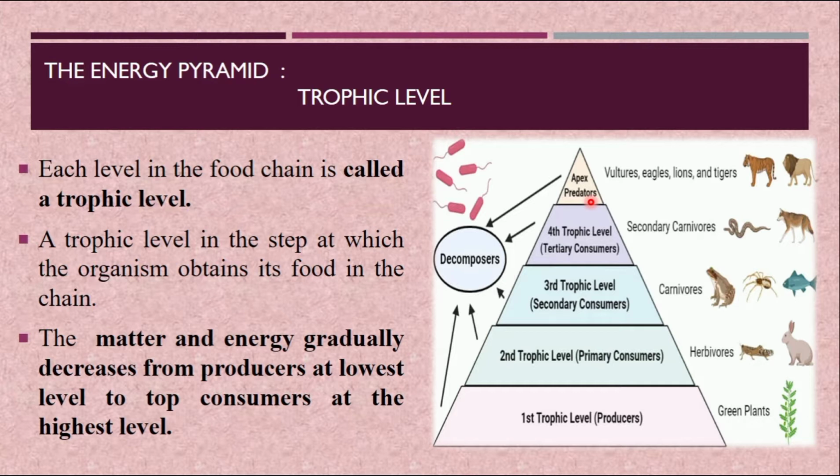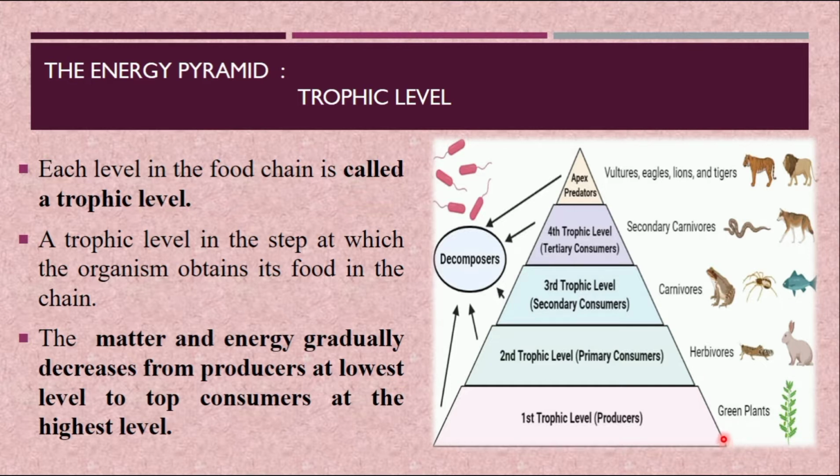A similar relationship also exists in the case of biomass at every level of the producer and the consumer. What's a producer? A producer is always a green plant. A consumer may be a primary consumer, that is a herbivore which feeds on the green plant.